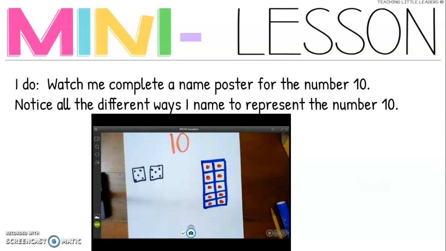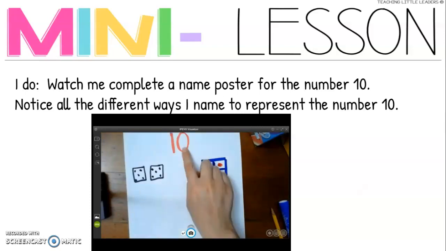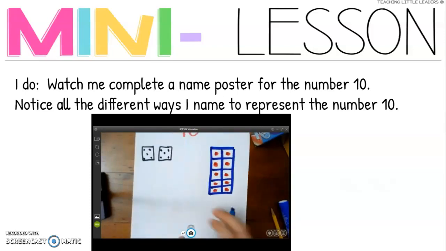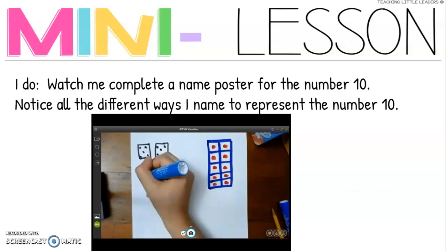Alright, let's think of another way to make the number 10. I'm going to think about other ways we've learned in class to make the number 10. Ooh, I could show 10 with tally marks. I'm going to get out another color and make tally marks.